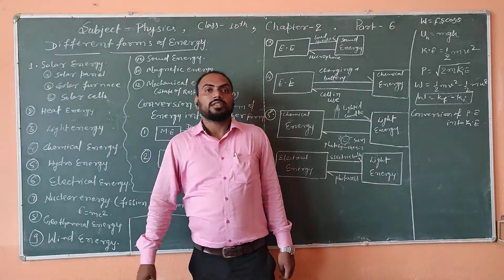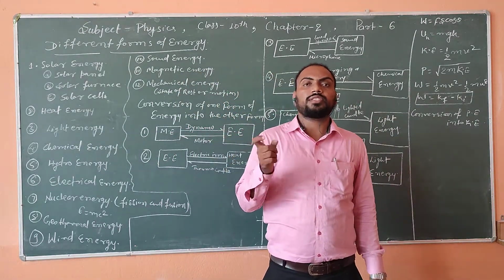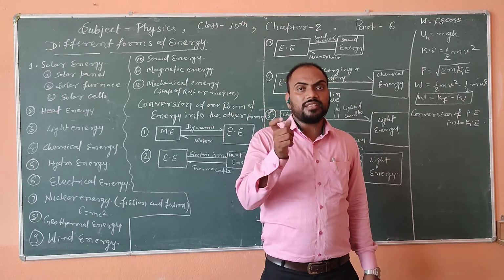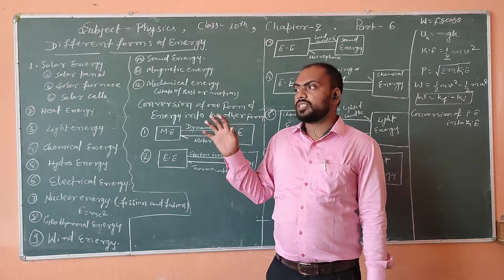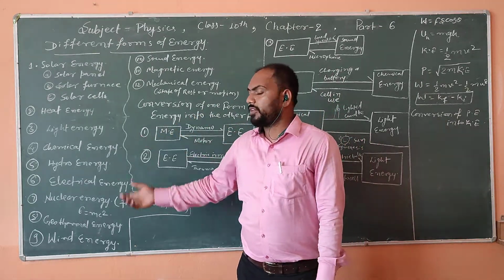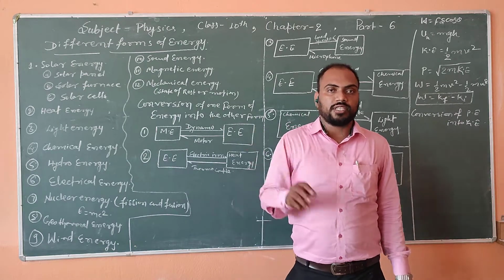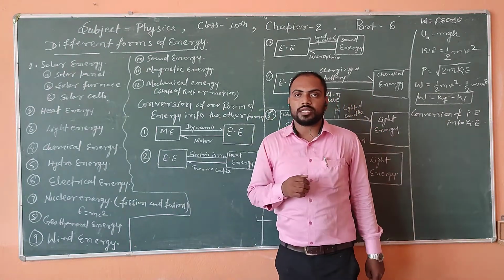Light energy is the form of energy through the means of which we see the objects around us. If this form of energy is not there, we cannot see the object. Basically, how do we see an object?